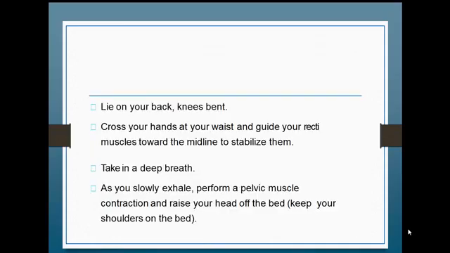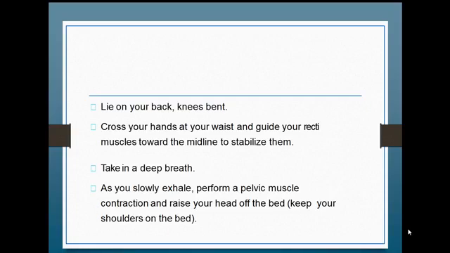Of course, the therapist can also help in approximating the muscles toward the midline. When the muscles are approximated toward the midline and the woman contracts that muscle, this reduces the direct stress on the muscles and leads them toward the central line.